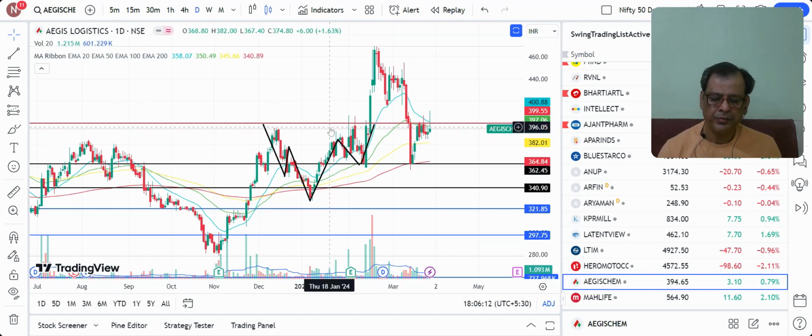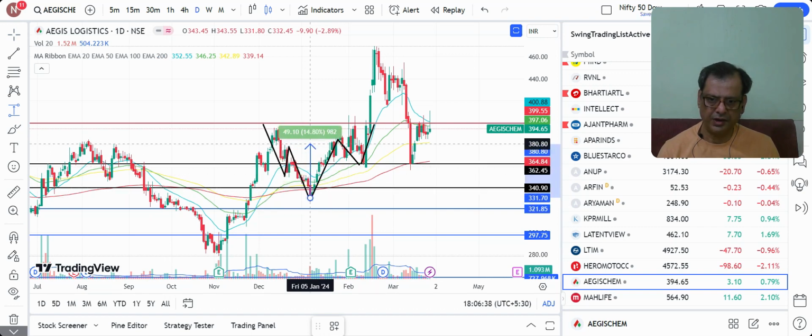Now, what is your entry point? What is your take profit? So this is the left shoulder, this is the head, this is the right shoulder. This red line is a neckline because it's connecting both these shoulders. Okay. And your target is basically you draw the price range from the point here to your neckline.